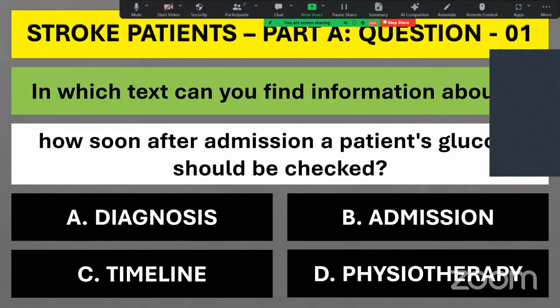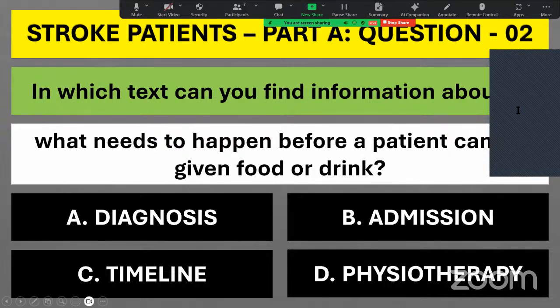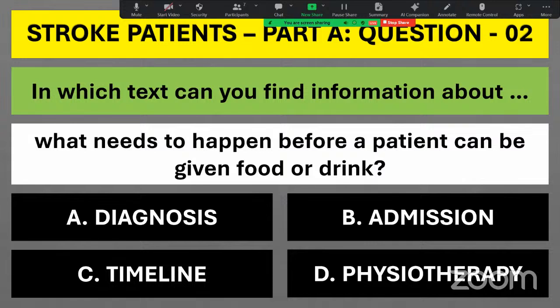Question 2. What needs to happen before a patient can be given food or drink?